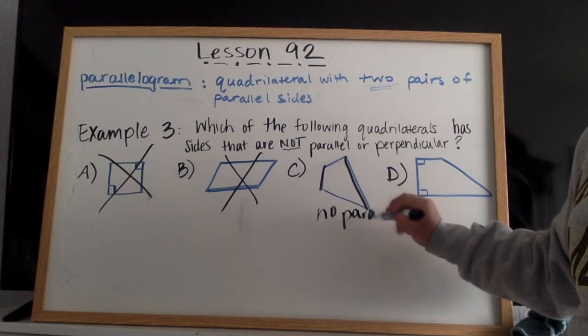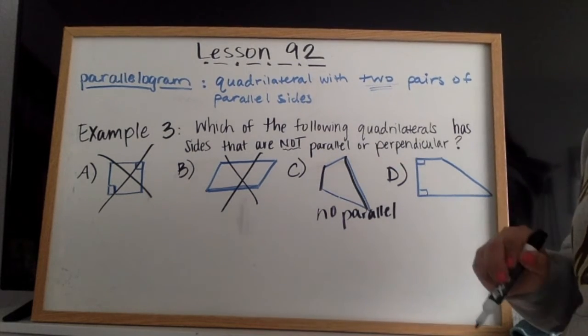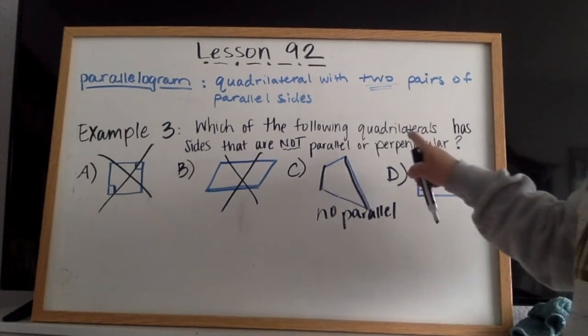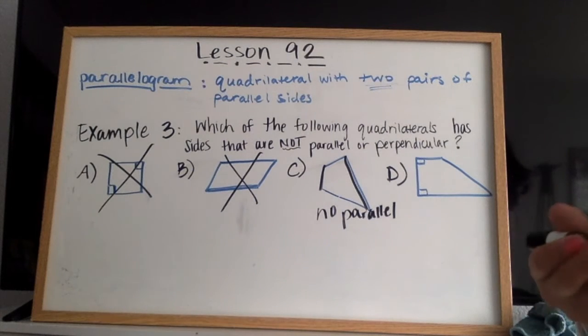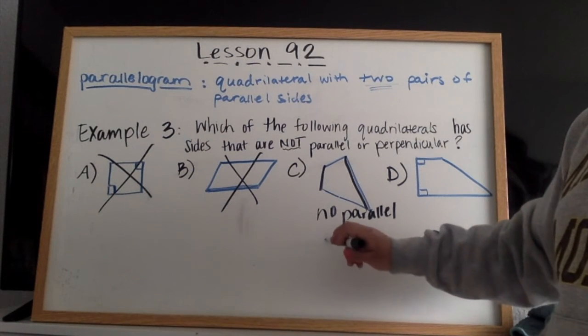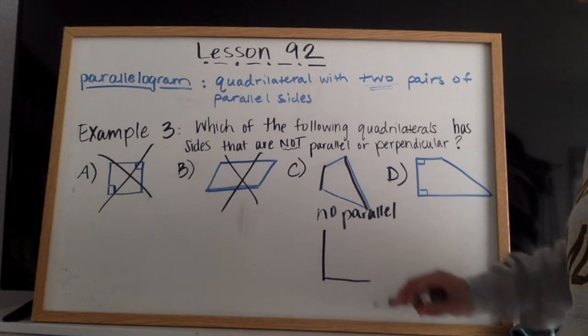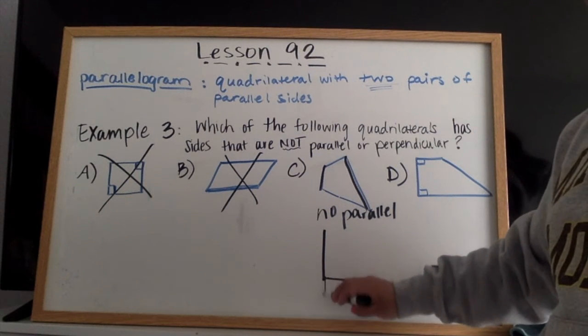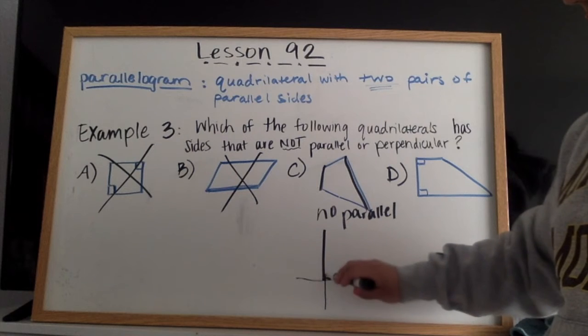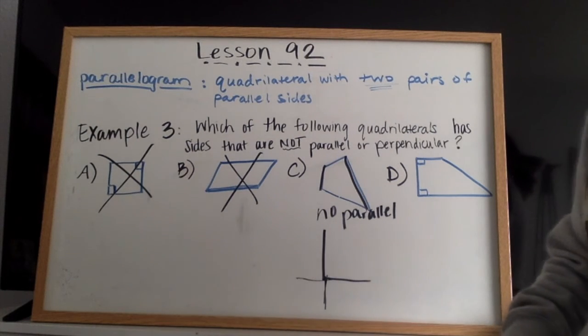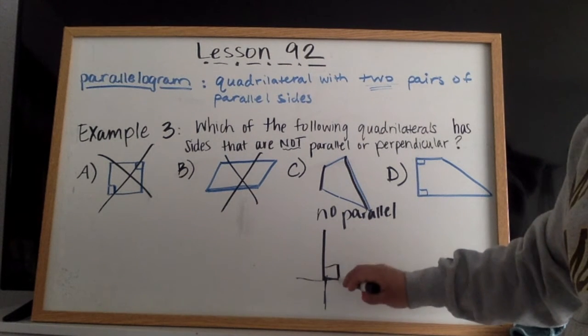No parallel. Okay, now it's wondering if it has any perpendicular lines. A perpendicular line will make a perfect L, or in some cases the T's, where they cross at a perfect 90-degree angle.